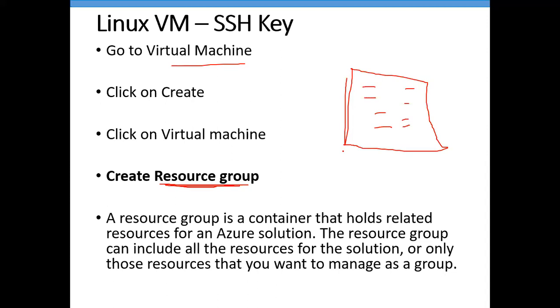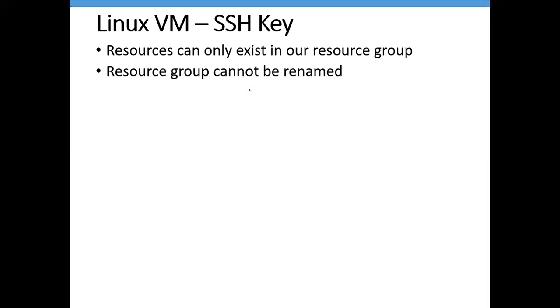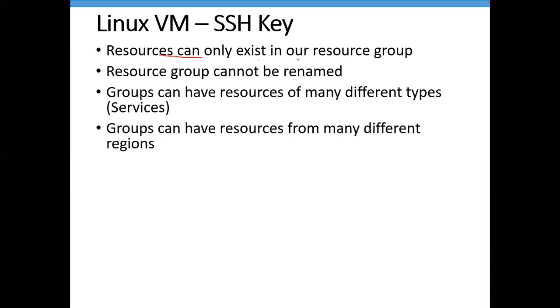Resources can only exist in a resource group. Without a resource group, it is impossible to create resources in Azure. A resource group cannot be renamed. Once you create a resource group, you can't rename it.